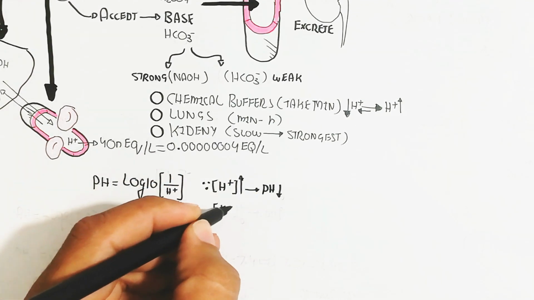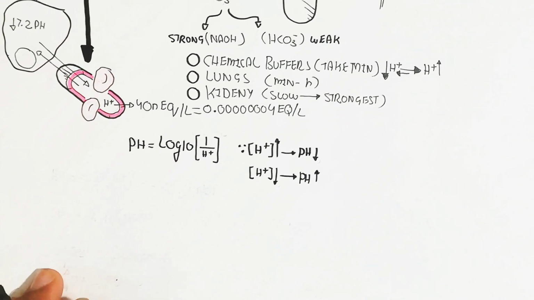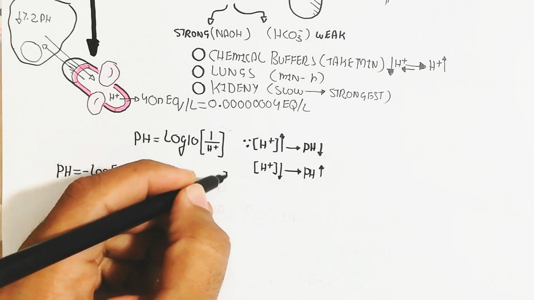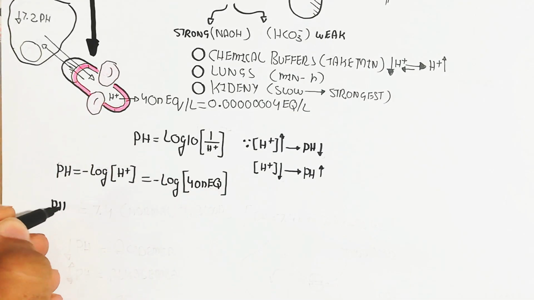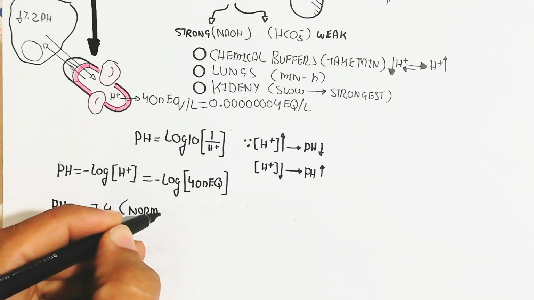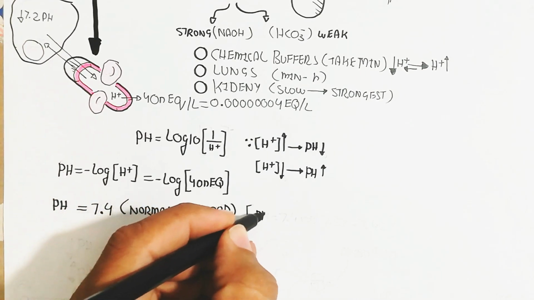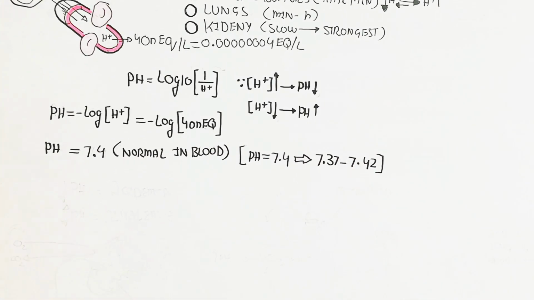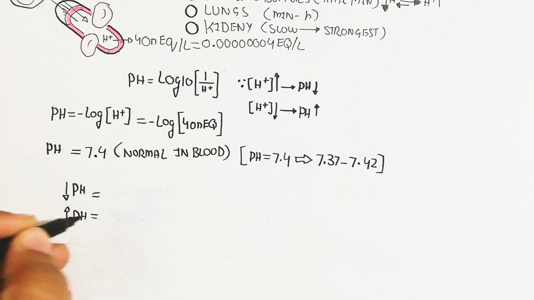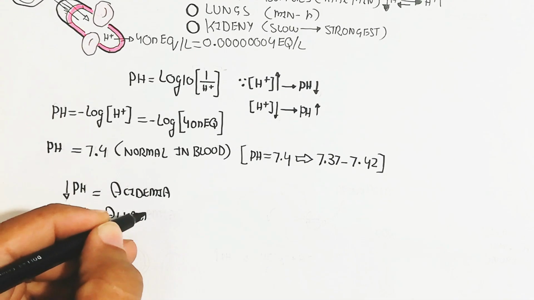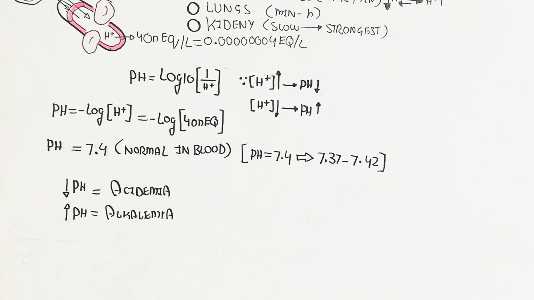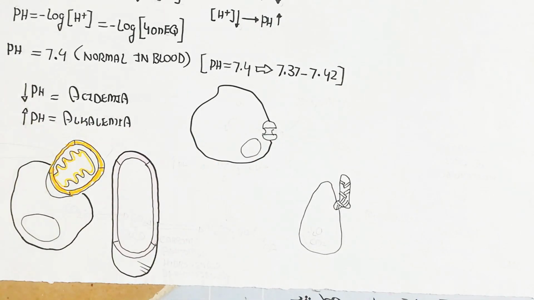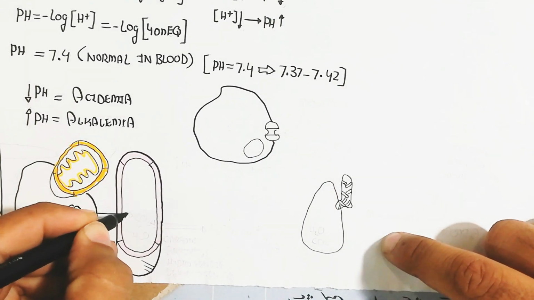When the proton increases, the pH drops, and when the proton decreases, the pH increases. So pH is minus log of proton, which is minus log of 40 nanoequivalents per liter, and the normal pH in blood is 7.4. The range is 7.37 to 7.42. When pH decreases it leads to acidemia, while when pH increases it leads to alkalemia. In this way we can calculate the pH.